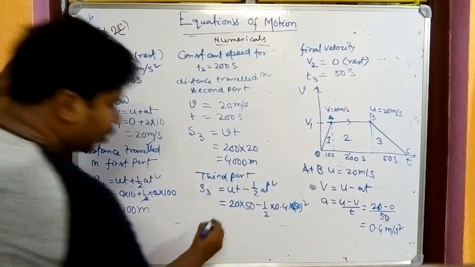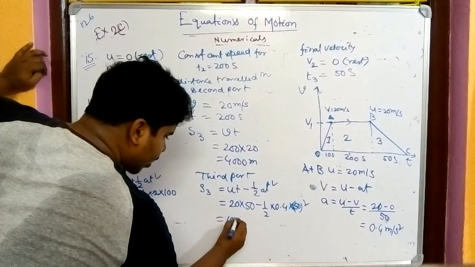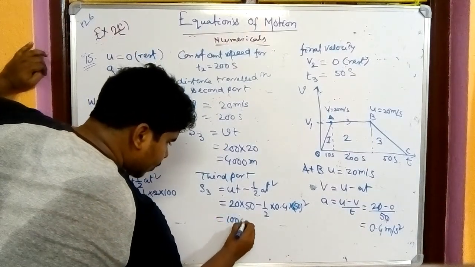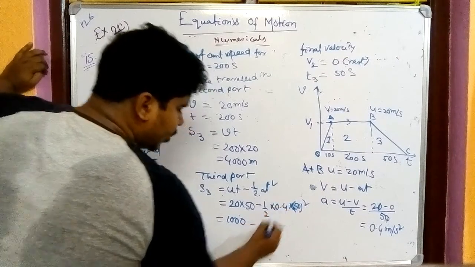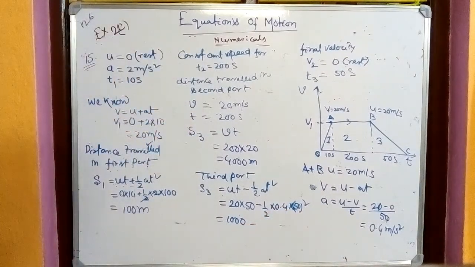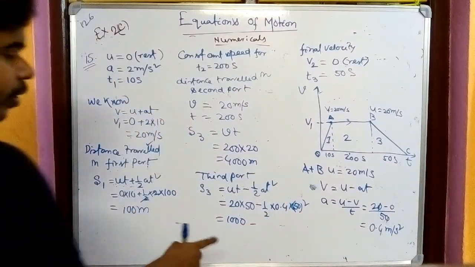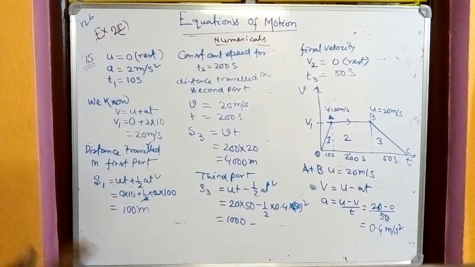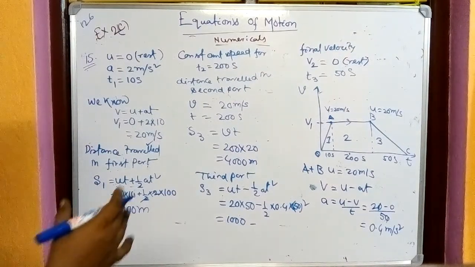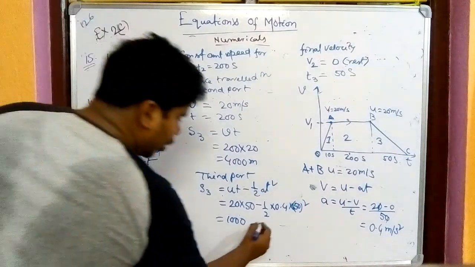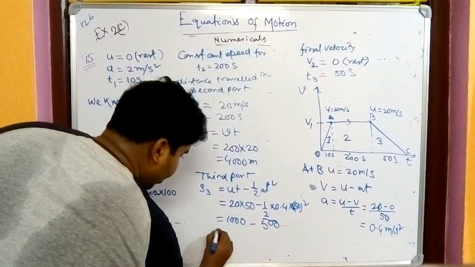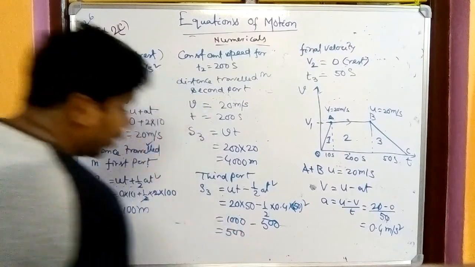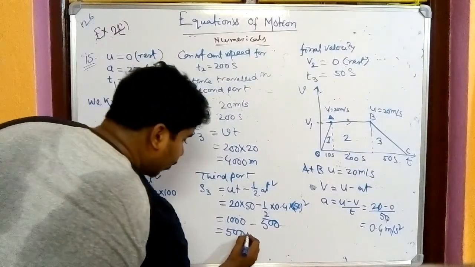So 20 into 50 is 1000, minus half into 0.4, if I cut it here, 25 fours are 100 into 50, 500. 1000 minus 500. So it is 500 meter in the third part.